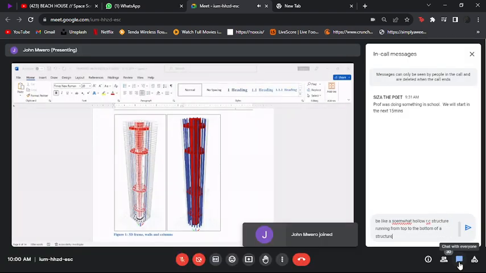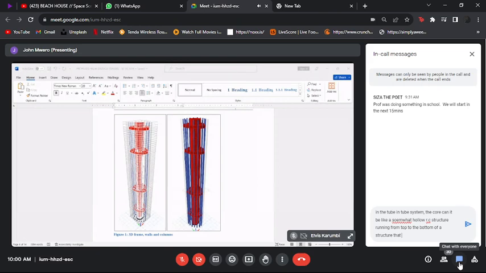Okay, so what am I sharing now? Yeah, that's what you're seeing, eh? Okay, good. So this shows an extract of how the building looked, the core and the outrigger system.